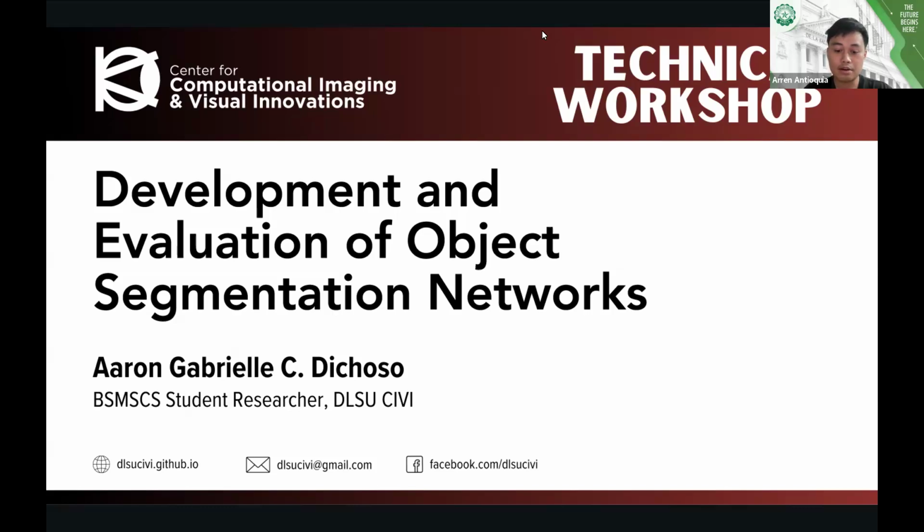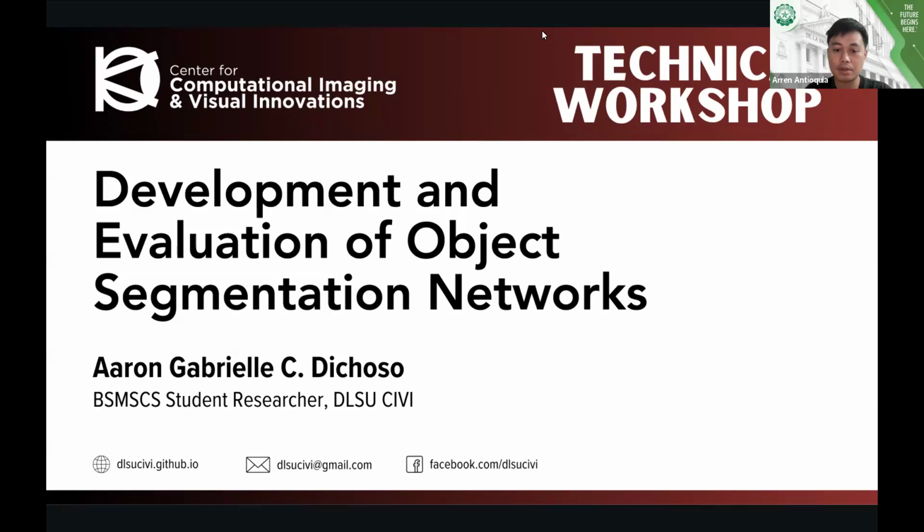This is the abstract of the presentation. This workshop offers participants a comprehensive introduction to object segmentation, which is an essential technique in computer vision for precisely identifying and delineating objects within images. Designed for beginners to intermediate learners, the session walks through the end-to-end workflow of developing and evaluating object segmentation models.